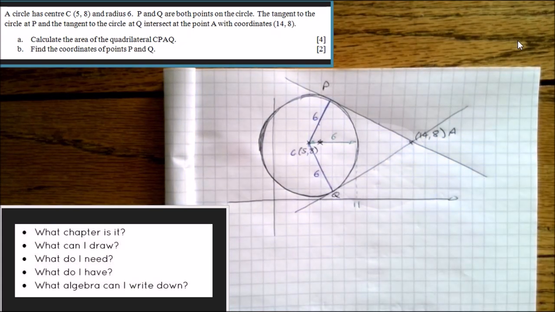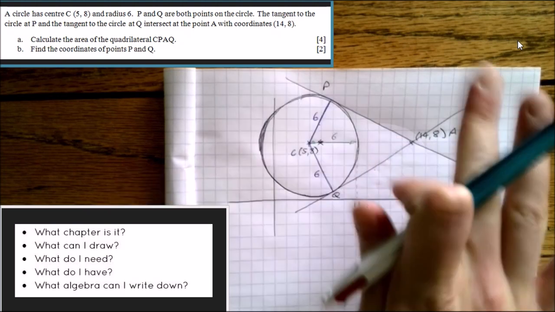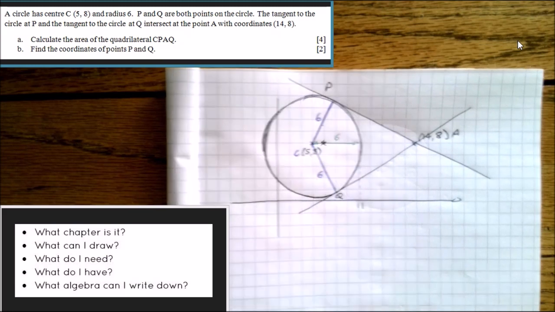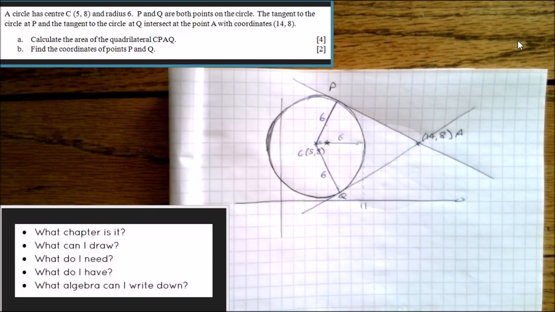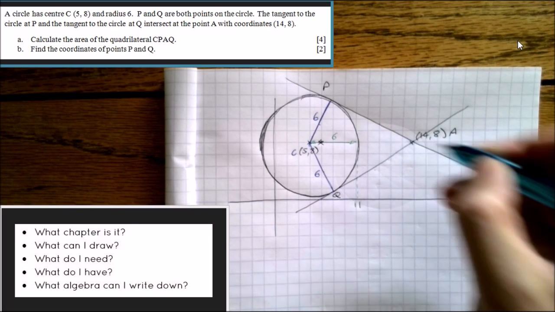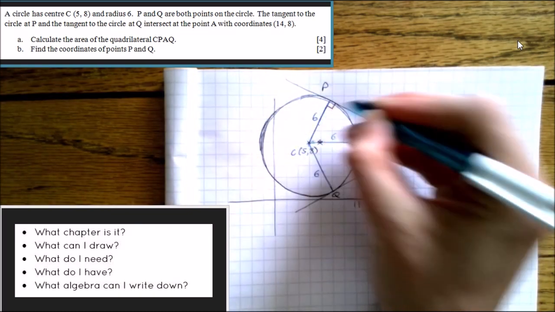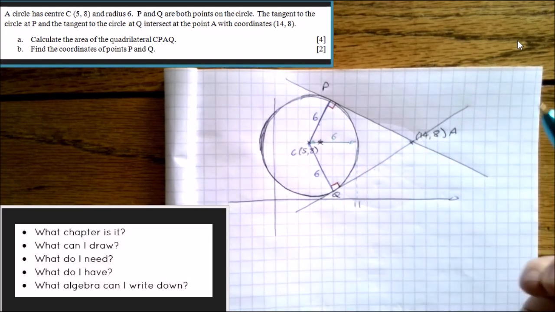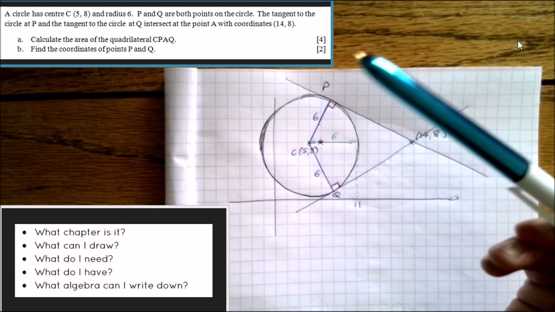What do I have? I've already labelled on an awful lot of what I have, but is there anything missing? What else do I have here? Often questions like this use bits of information from GCSE circle theorems. Another thing that I have are the right angles here and here. Let's just scan the question again for anything else.